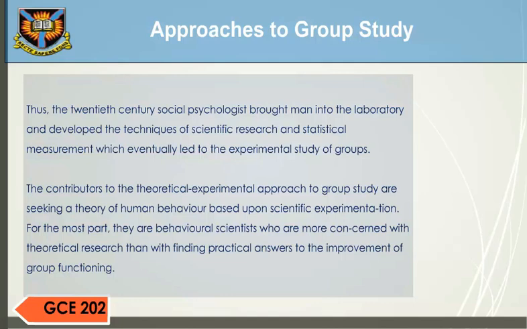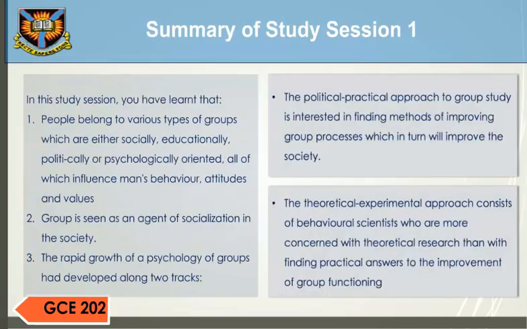The contributors to the theoretical experimental approach to group study are seeking a theory of human behavior based upon scientific experimentation. For the most part, they are behavioral scientists who are more concerned with theoretical research than with finding practical answers to the improvement of group functioning.